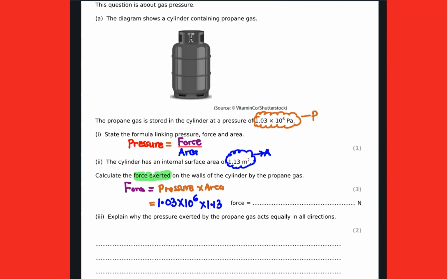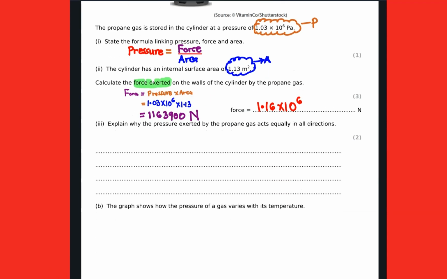If we use our calculator, our answer is going to be, let us just work it out. If you write it in standard form, this is what we have.